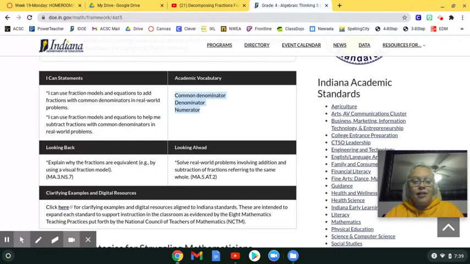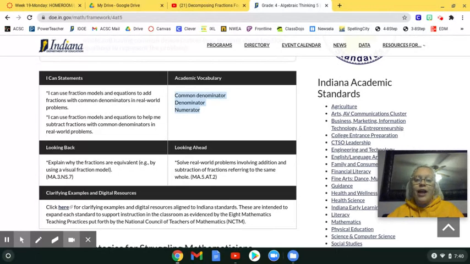A common denominator. So we only hear about a common denominator if we're working with more than one fraction at a time. So we might have two fractions and say the first one is 1/2 and the second one is 1/3. Well, those two fractions don't have the same number on the bottom. They don't have the same denominator. One was 2 and one was 3.